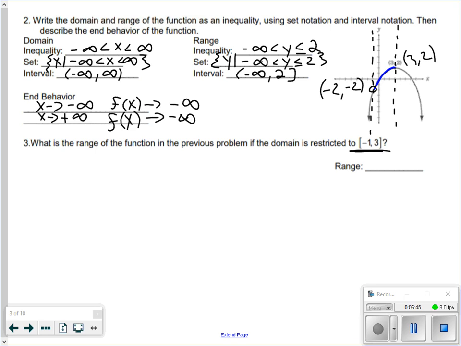So x equals negative 1 and x equals 3 are both part of the function when we restrict the domain. So that means our range will be from negative 2 up to 2. This is our smallest point right here, and it's part of the graph all the way up to this point right here. So our range is from negative 2 to positive 2.